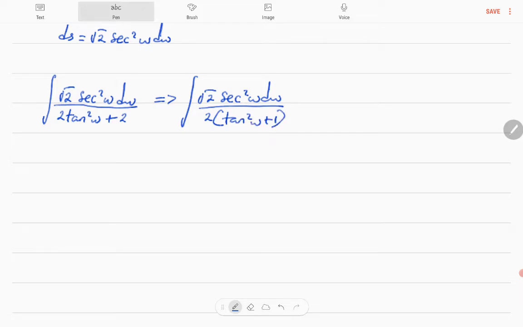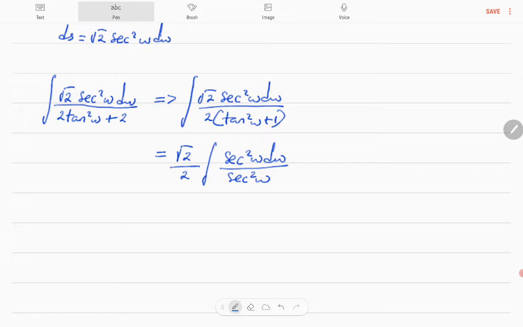Of course, we can bring the constants outside, so we'll have root 2 divided by 2 integral of sec square w dw divided by, recall that tan square w plus 1 is sec square w.